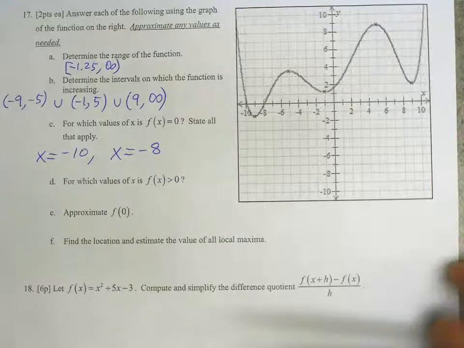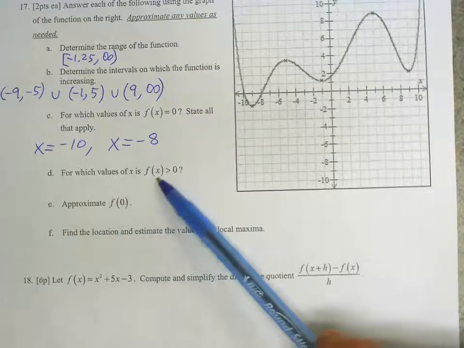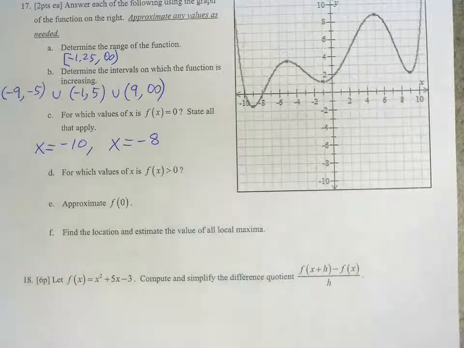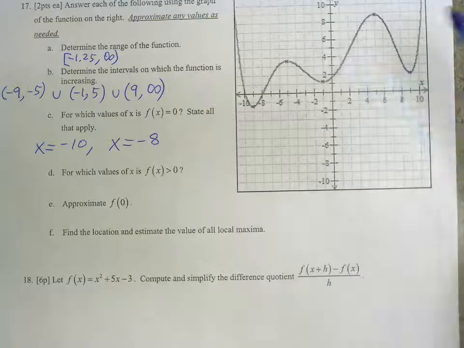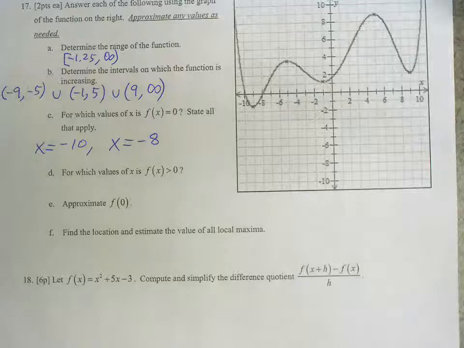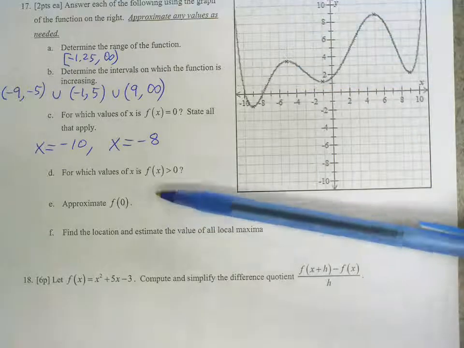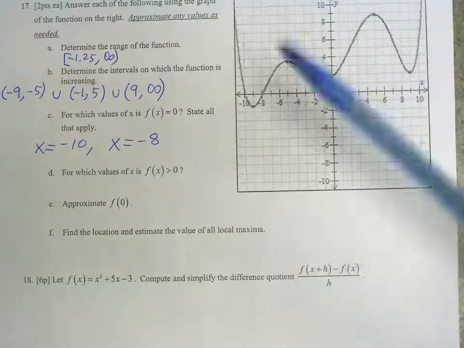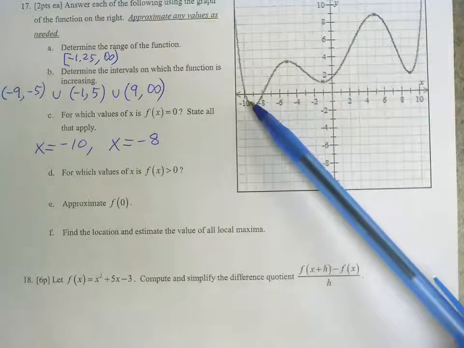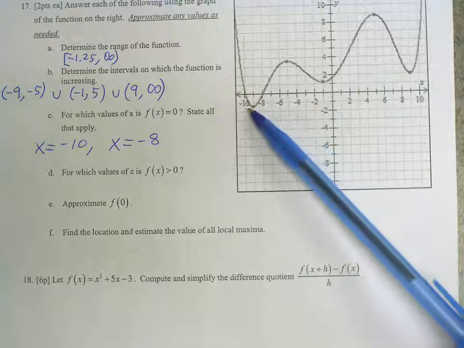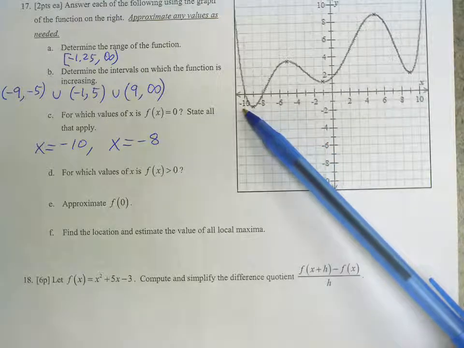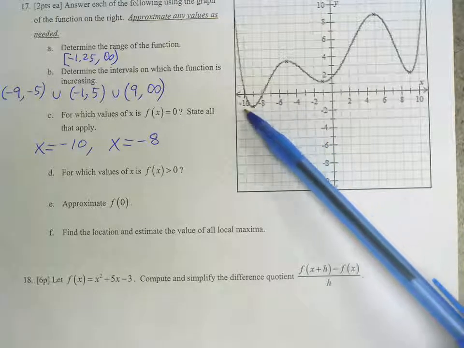Okay, part D, for which values of x is f of x greater than 0? Graphically, that means wherever the graph is above the x-axis, that's where f of x is positive. And it looks like it's positive everywhere except from negative 10 to negative 8.